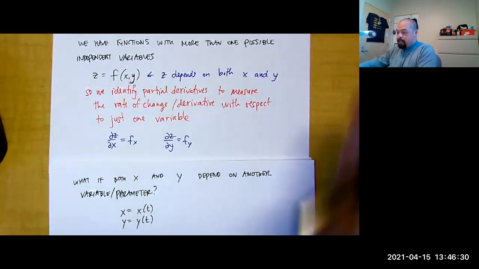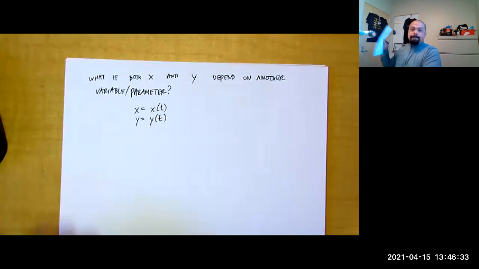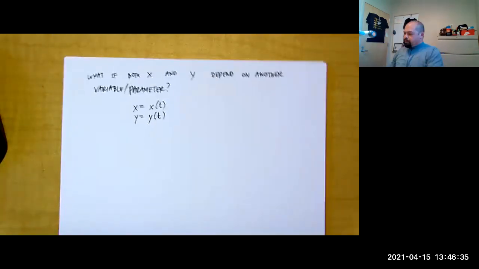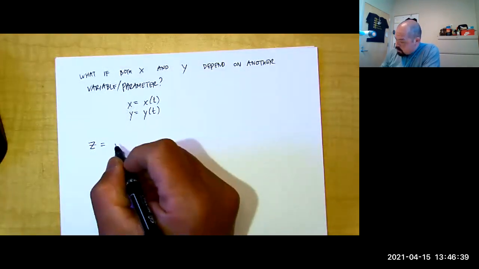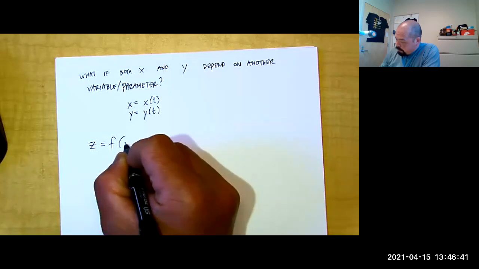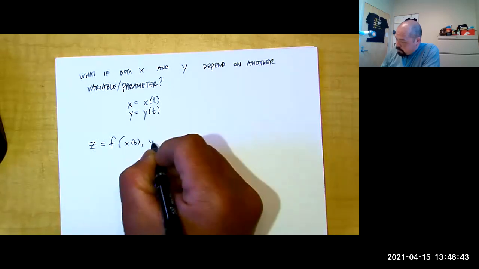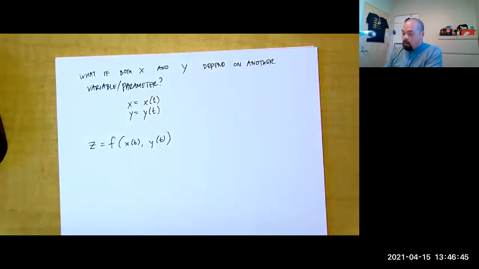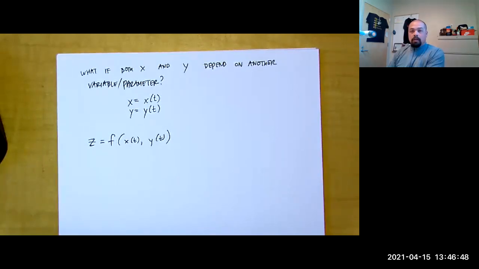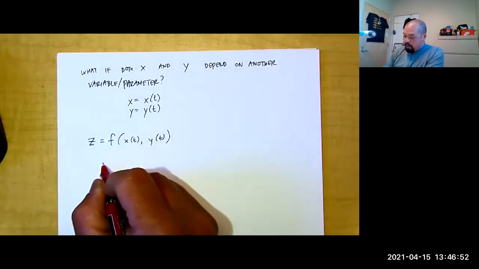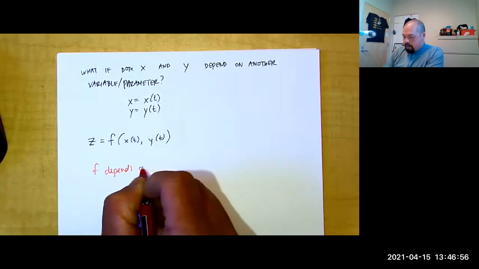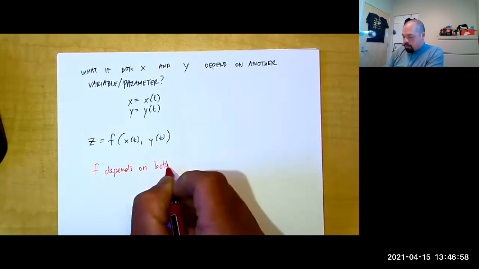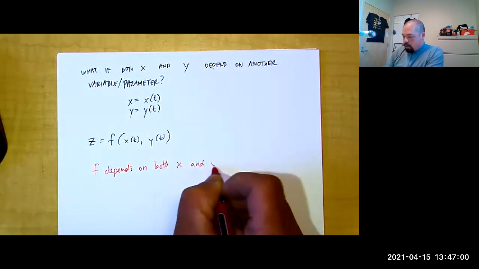So in that instance, let me take this page away. What if instead we're looking at z as a function of x of t and y of t? So in this case, we can see that z or f depends on both x and y.